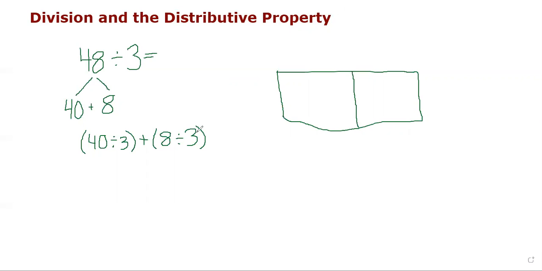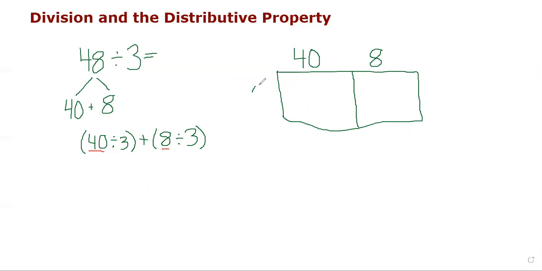Next step we're going to do, we're going to take our numbers and write them on top. 40 on top of the first box and 8 on top of the next box. 40 goes here and 8 goes here.